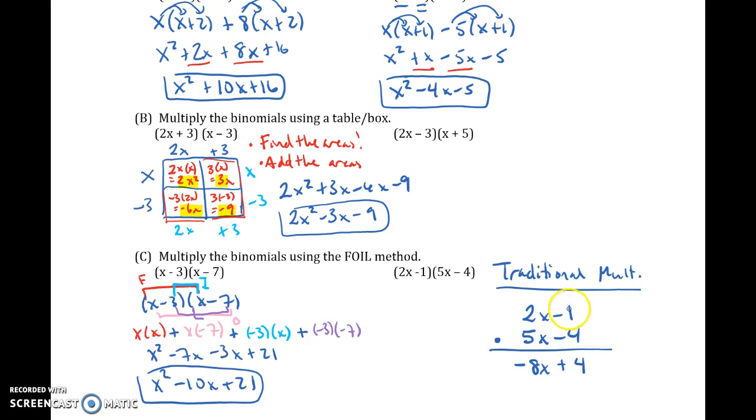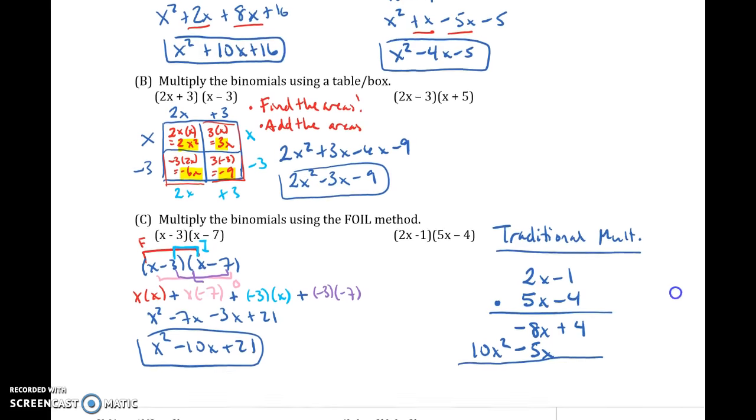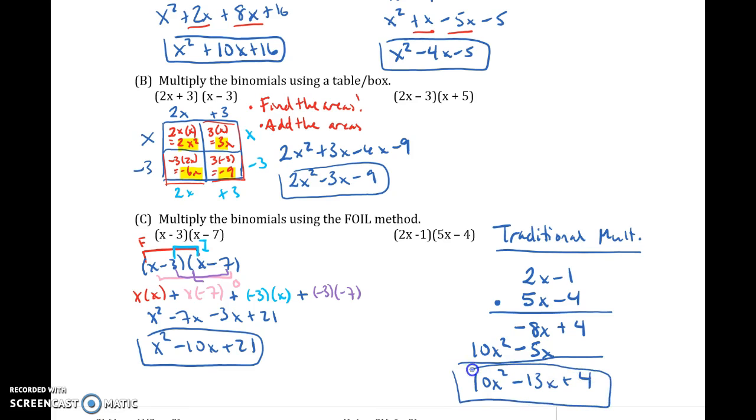So 5x times -1 is -5x. So I want to line up that like term. 5x times 2x is 10x squared. It helps to rewrite your terms in standard form if they aren't when you're doing traditional multiplication, but again, doesn't matter as long as you line up your like terms, you'll be good. And then add down, and there's your product. Okay?